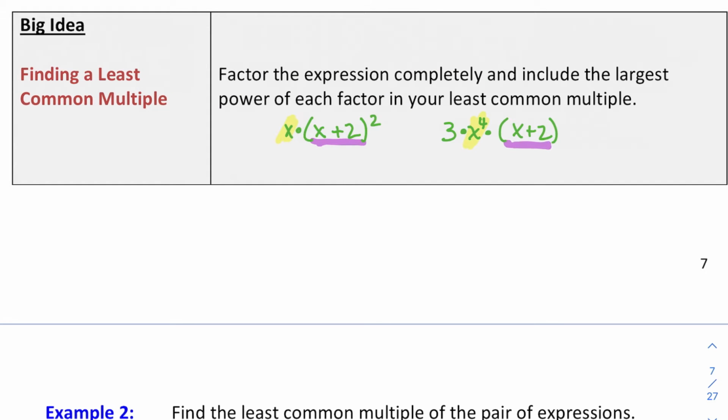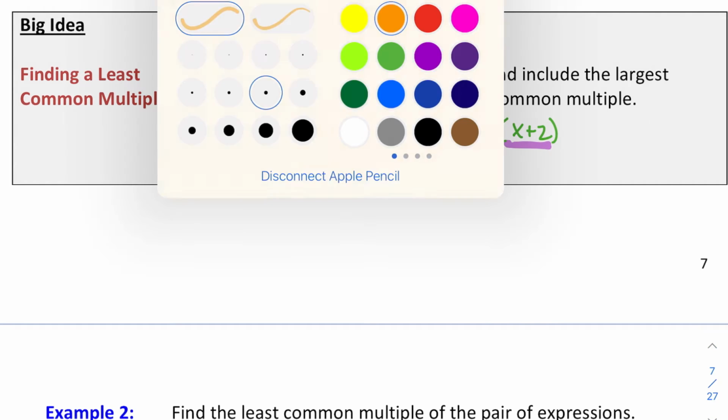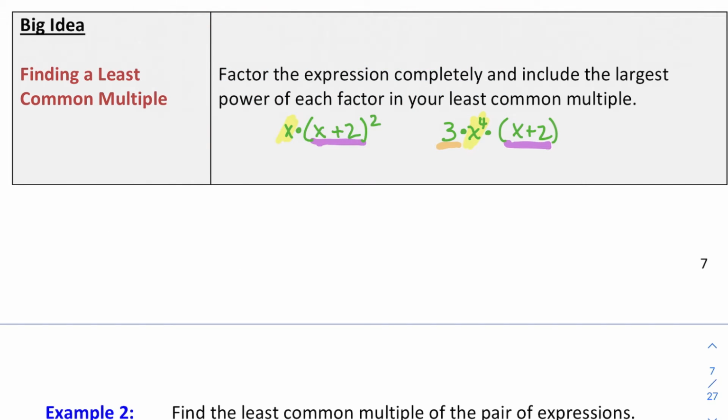So if I look at these two expressions, let's compare the factors that they have in common here. They share some factors of x, they share a factor of x plus 2, and there's also this random factor of 3. So any factor that shows up in either one has to be part of my least common multiple. So I need my factor of 3, I need some factors of x, and I need some factors of x plus 2. The least common multiple has to have the amount of factors that shows up the most.